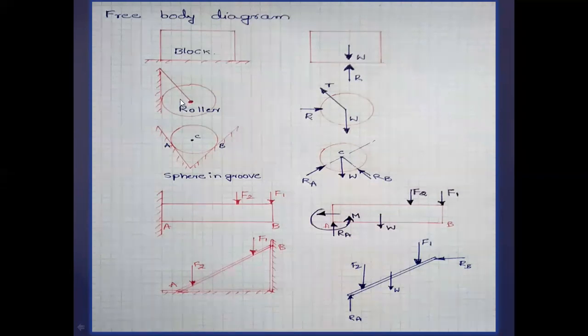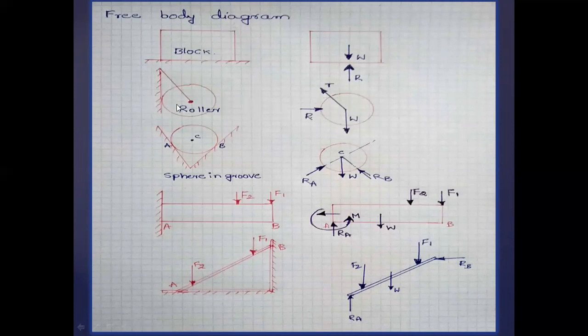Next, here I have given an example of a roller which is hung from the wall by using a string. To draw the free body diagram, first I write the outline shape of the body. I isolate the body and draw its outline. First I write the self weight.